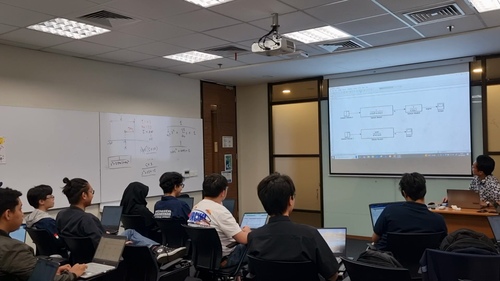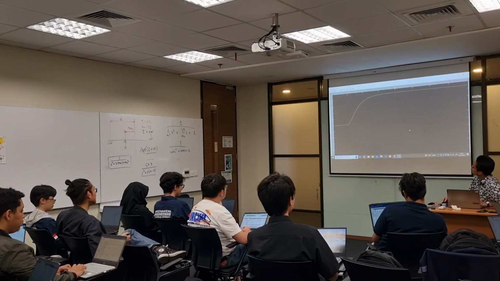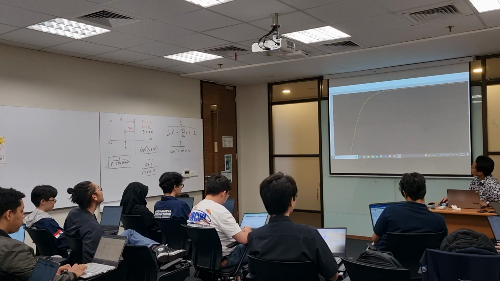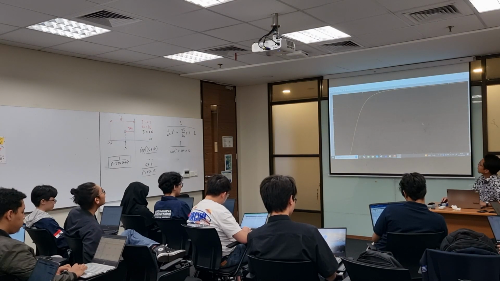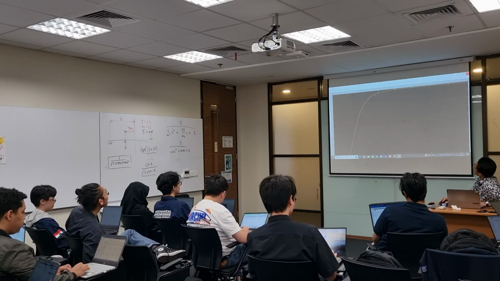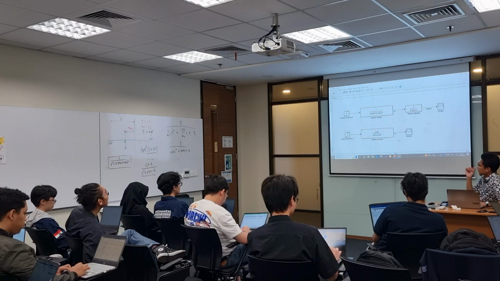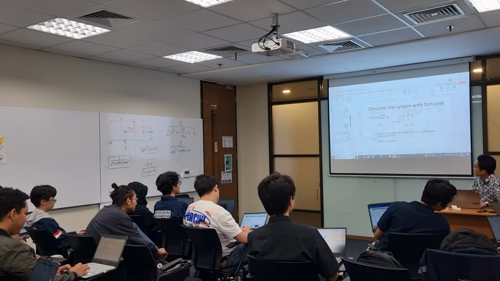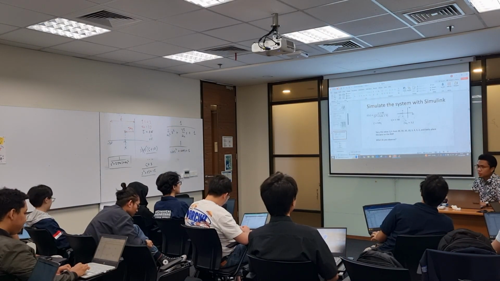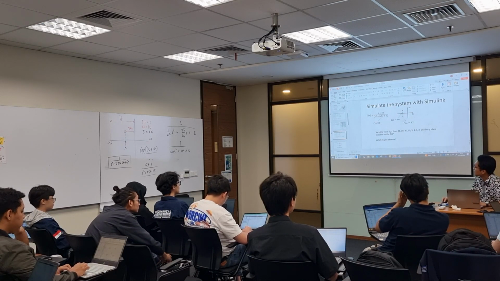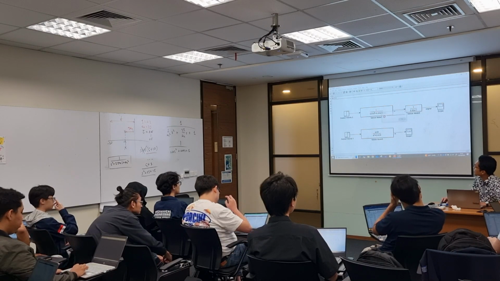So if I simulate, I will just see this plot. In this case, the zeta is very big, 0.8, which is why we don't see a lot of overshoot in here.